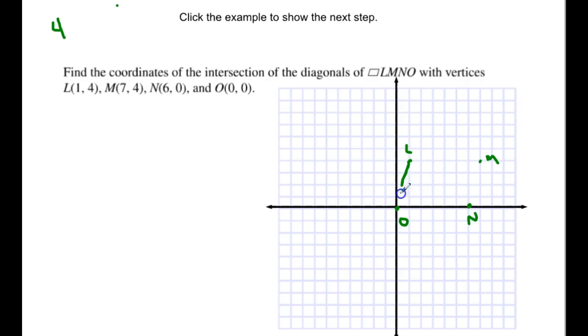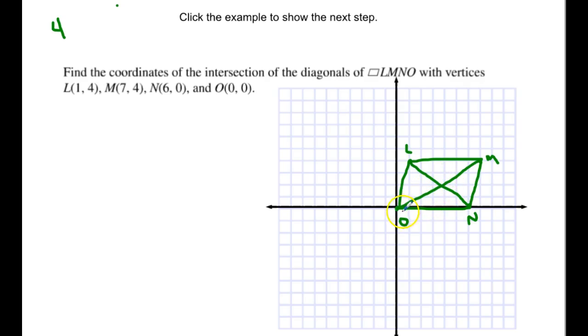Okay, so here is my parallelogram drawn in my coordinate plane. Okay, and so I know that I have to find the intersection of the diagonals. Well, I know that if this is a parallelogram, which it is, then where my diagonals cross cuts them in half. So here's kind of a general picture of where it looks like approximately.